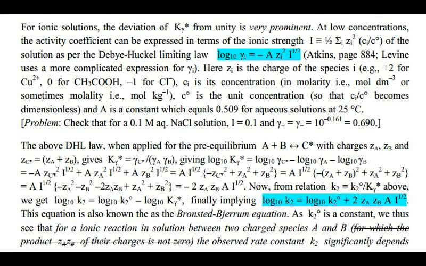Then we finally get that log 10 of K gamma star is equal to minus 2 ZA ZB A into square root of I, where A is that constant around 0.51 for 25 degrees centigrade water solutions.